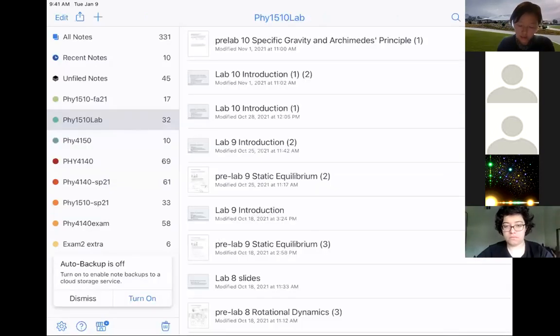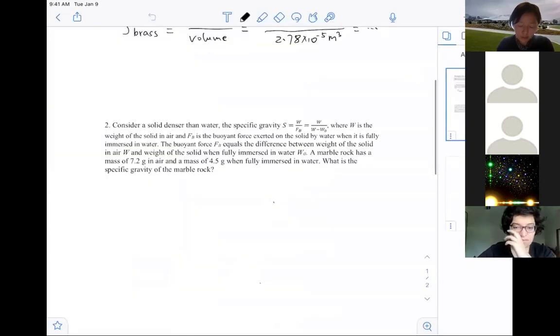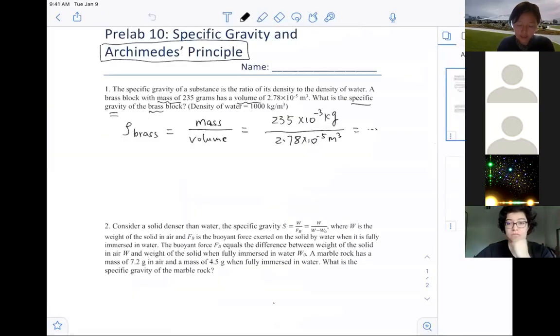So take a look at our pre-lab. The first question is simply asking about the specific gravity of the brass. To calculate that, you need to know the density of the block. So how do you calculate density? You use mass over volume.